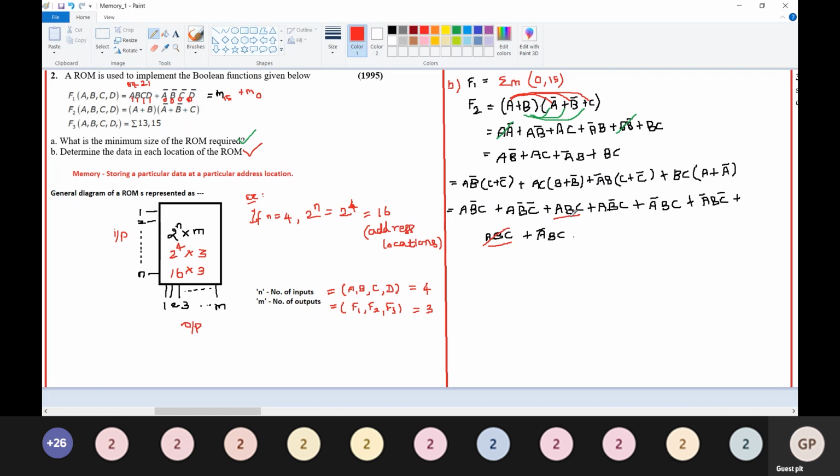Similarly, A B dash C is also repeated twice, so leave one. Next A B dash C dash, A dash B C. So the remaining all are present.